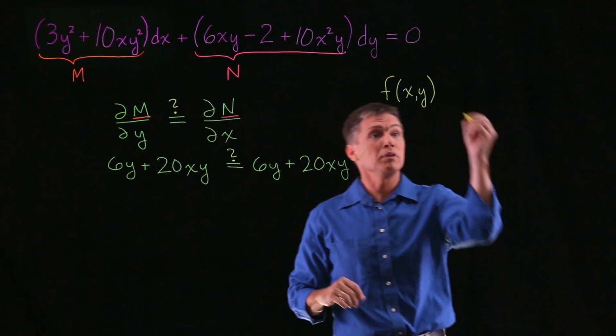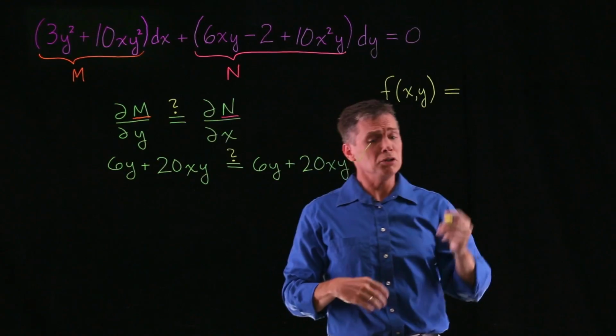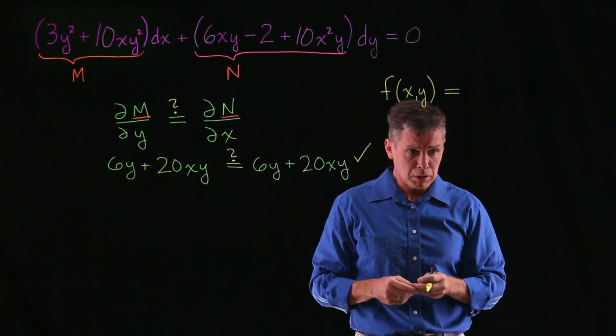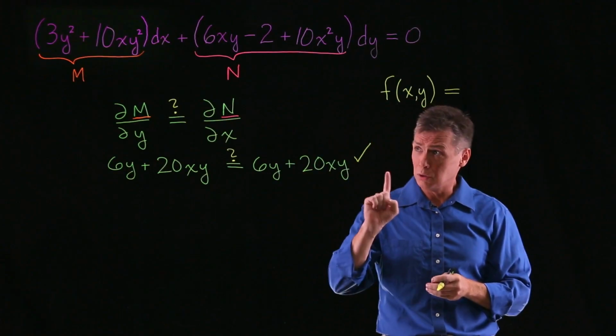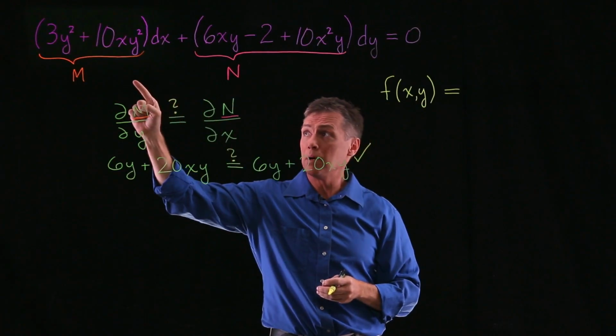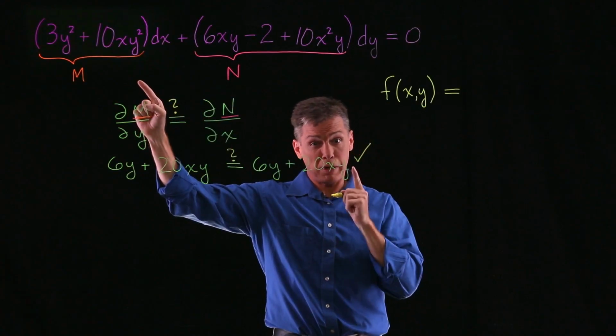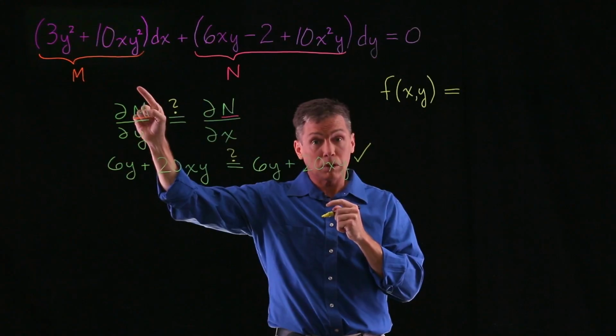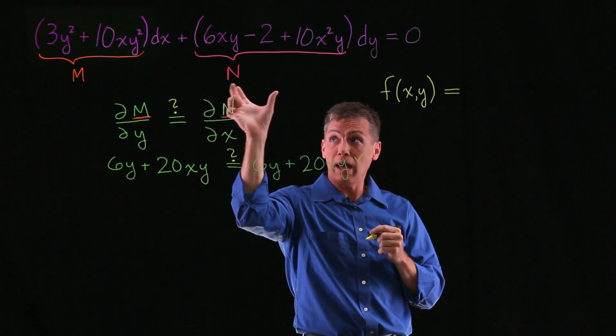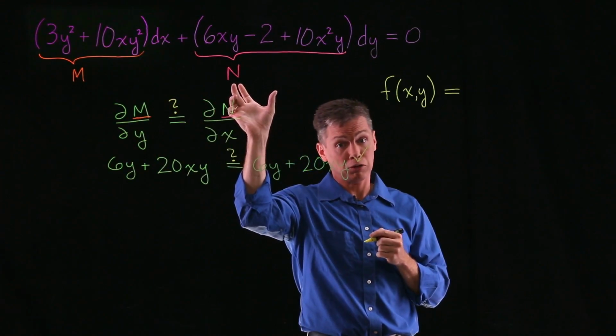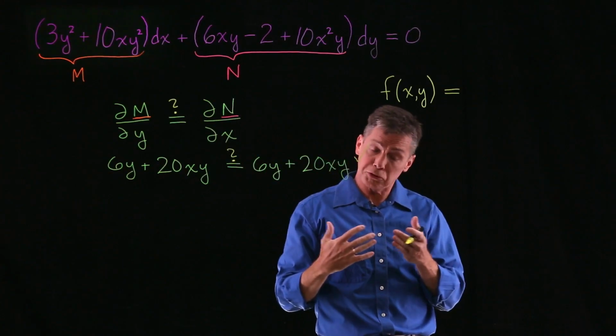How you do that is you're going to do some integration, and you actually have your choice. You can integrate that M expression with respect to x, or you can integrate this N expression with respect to y. It's almost a toss-up.